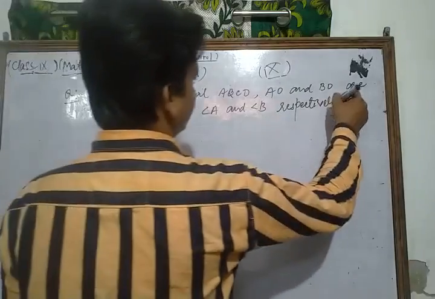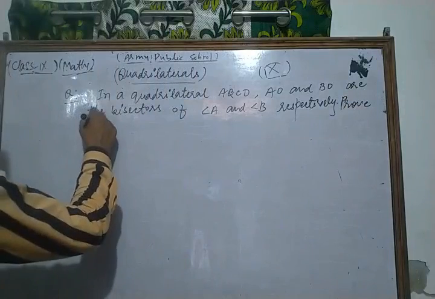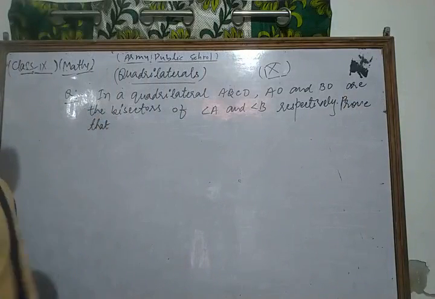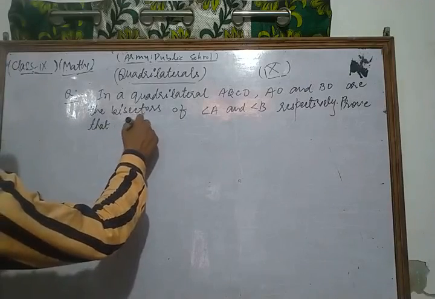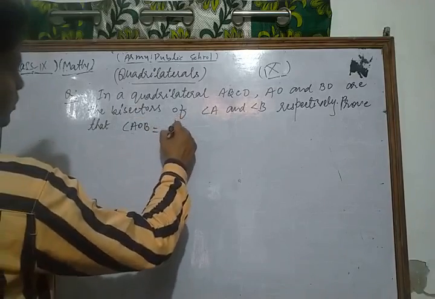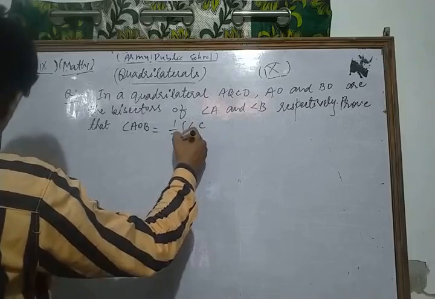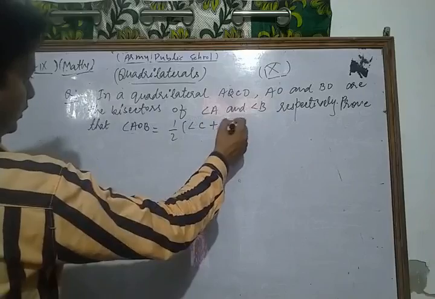Prove that angle AOB is equal to half of angle C plus angle D.